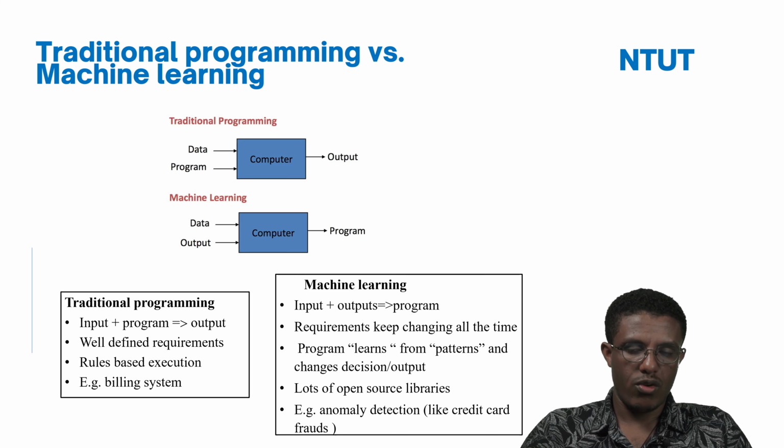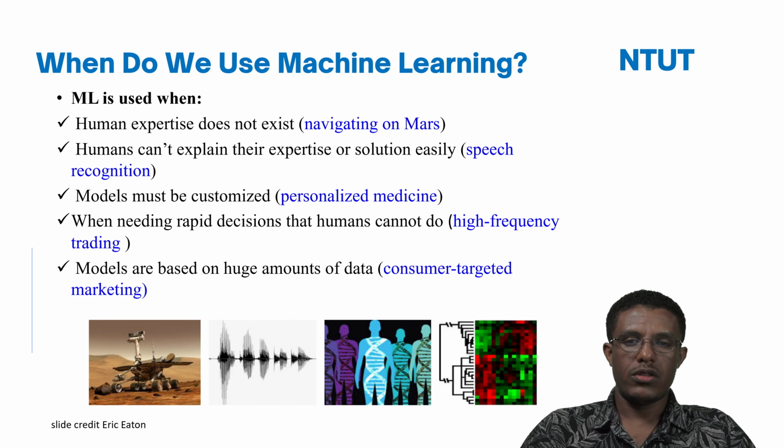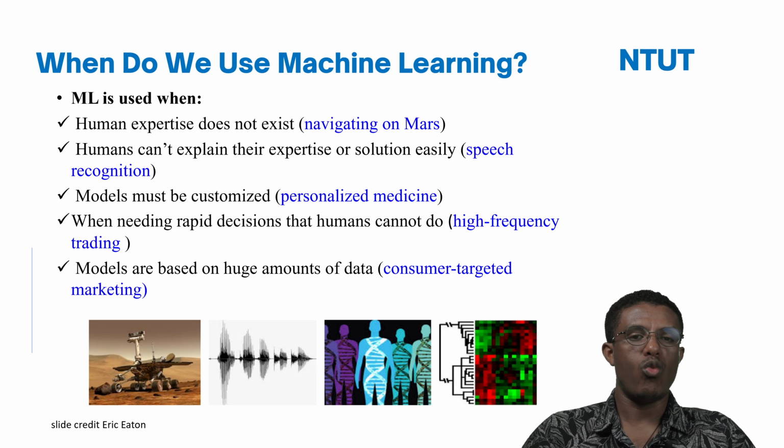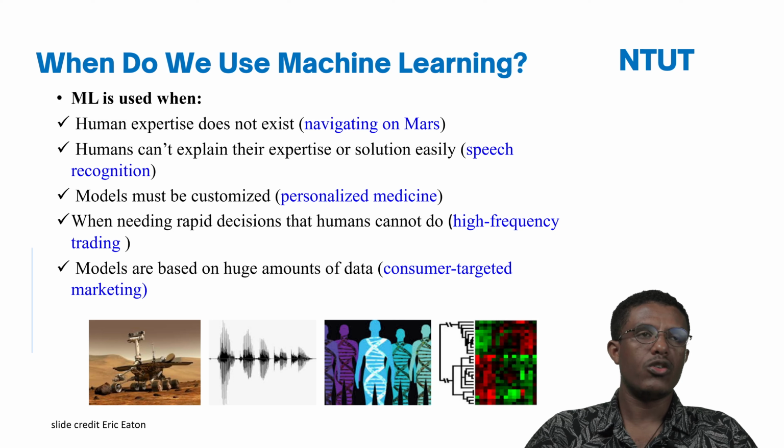best performance. Next, let's talk about why and when we use machine learning algorithms, or when machine learning is more important. Machine learning is more important, especially when human expertise does not exist.